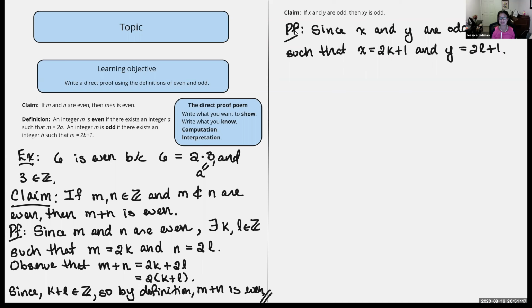Again, here, the k and the l are kind of like dummy variables. They can be any letters that I want them to be. So they don't have to be the letter b in the definition of odd. They do have to be different letters because I'm not assuming that x is equal to y. So the k and l need to be different, okay?